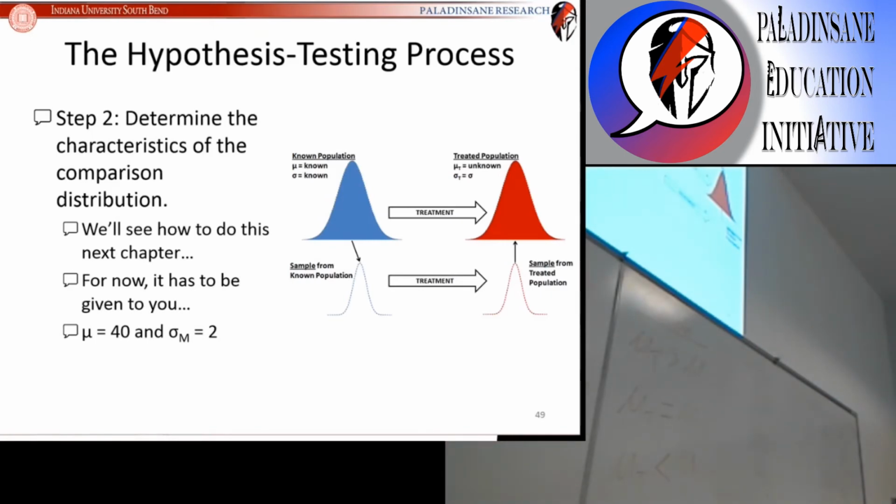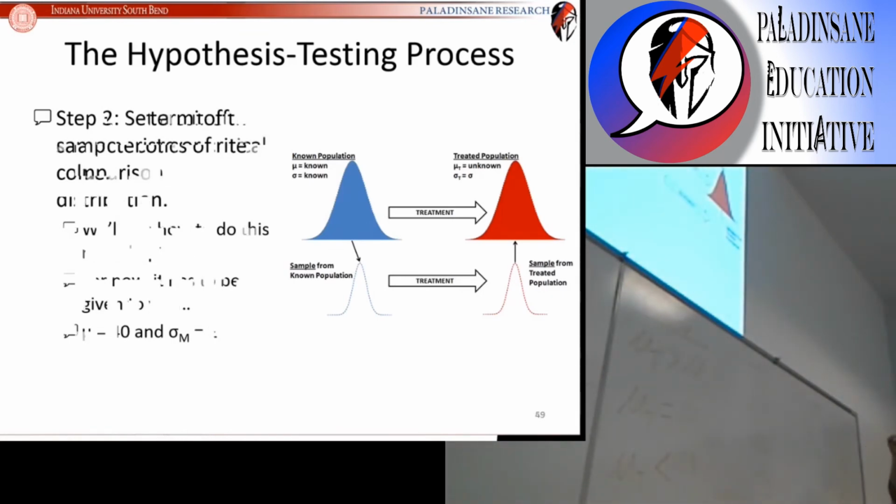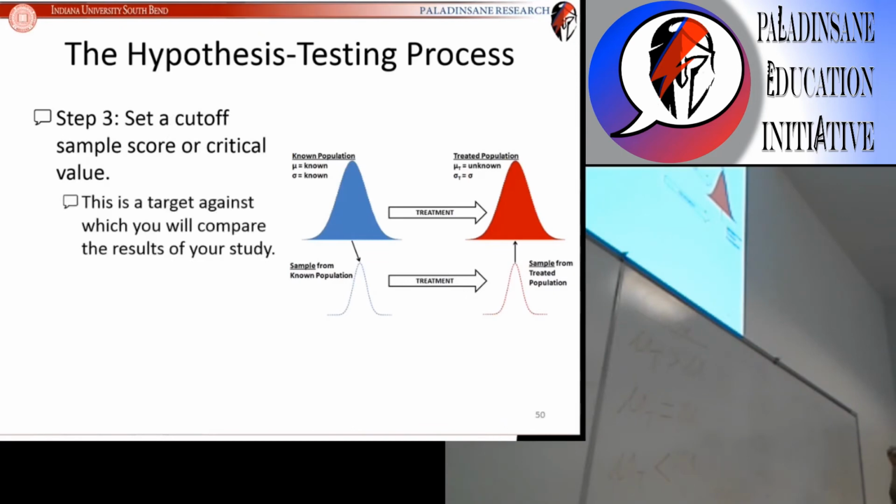This is the comparison distribution, but we transform it into this z-score distribution so that we can figure out where our lines in the sand are. We're going to set this cutoff sample score, the line that we're going to compare our study to, and we're going to recall what our alpha was.